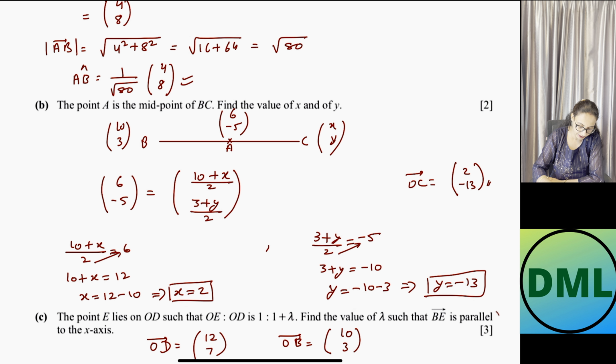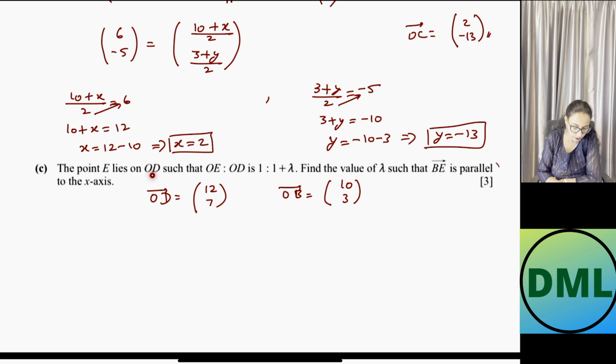Let's see the next part here. The point E lies on OD such that OE is to OD is equal to 1 is to 1 plus lambda. Find the value of lambda such that BE is parallel to the x-axis. These are our vectors for OD and OB here. E lies on OD. Let's write down OD here first.